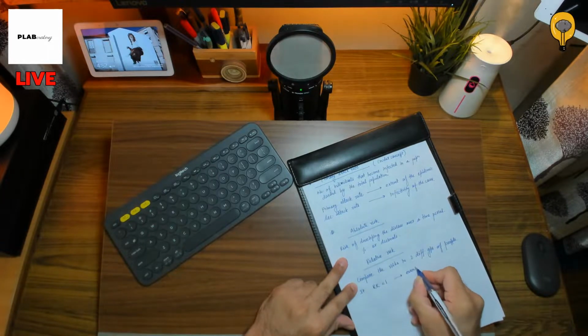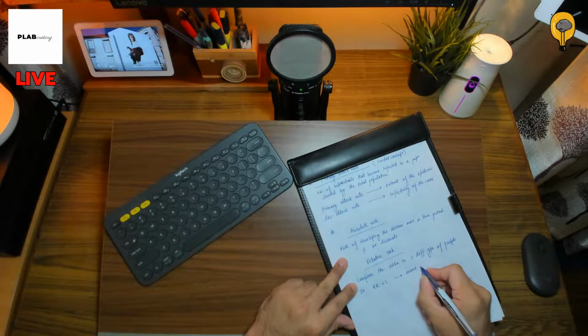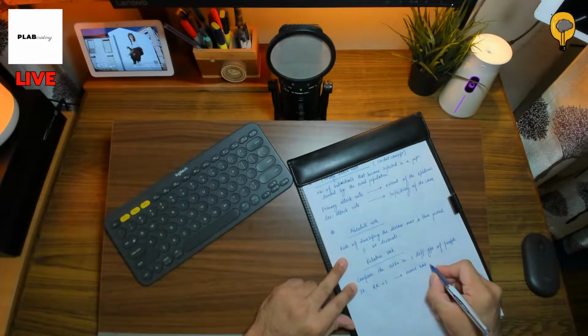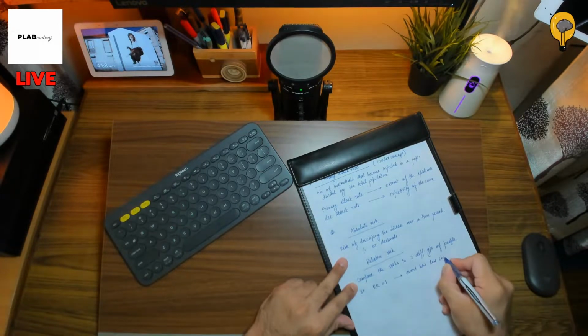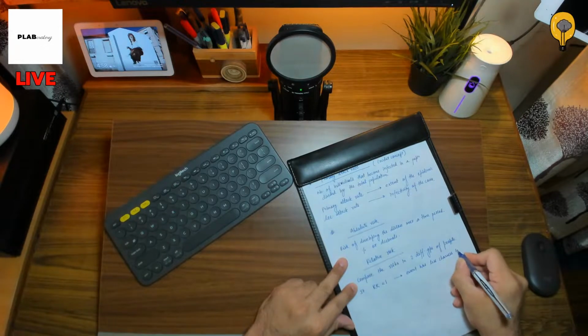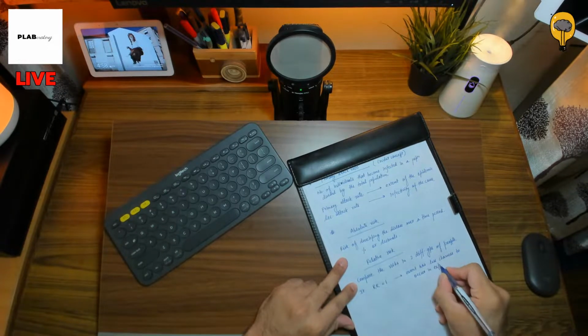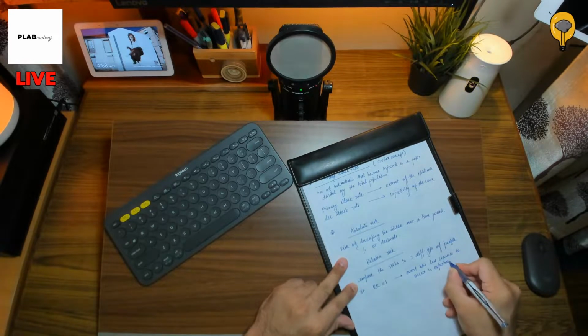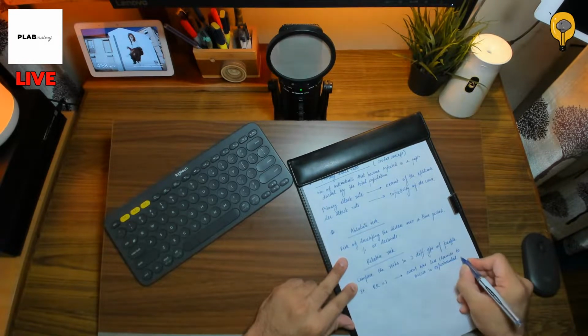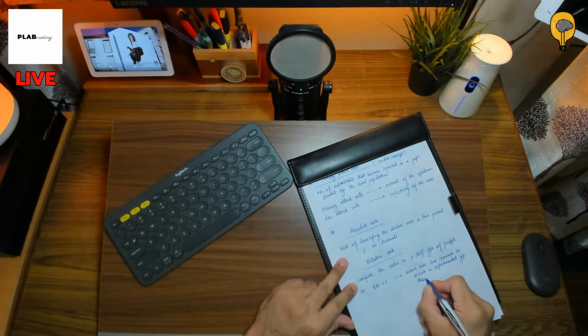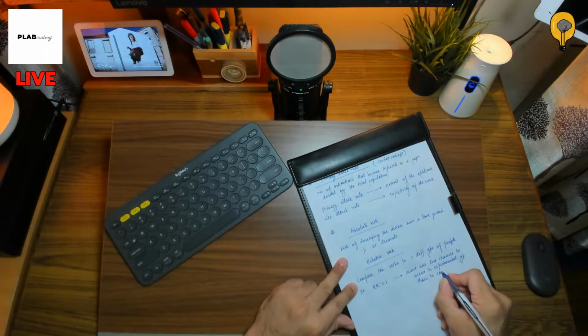Relative risk less than 1: the event has fewer chances to occur in the experimental group than in the control group.